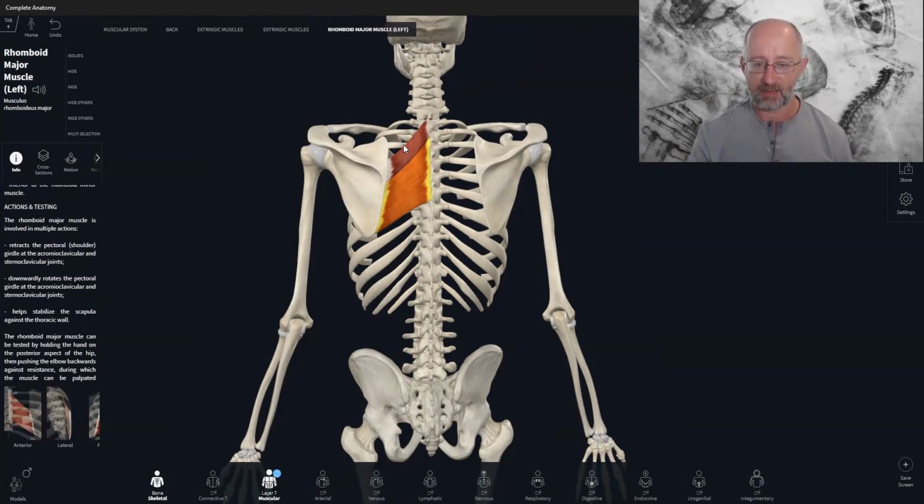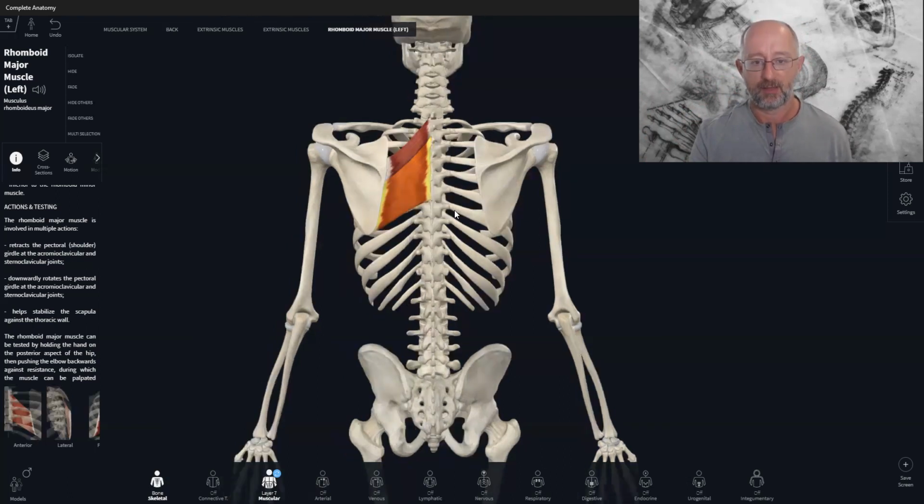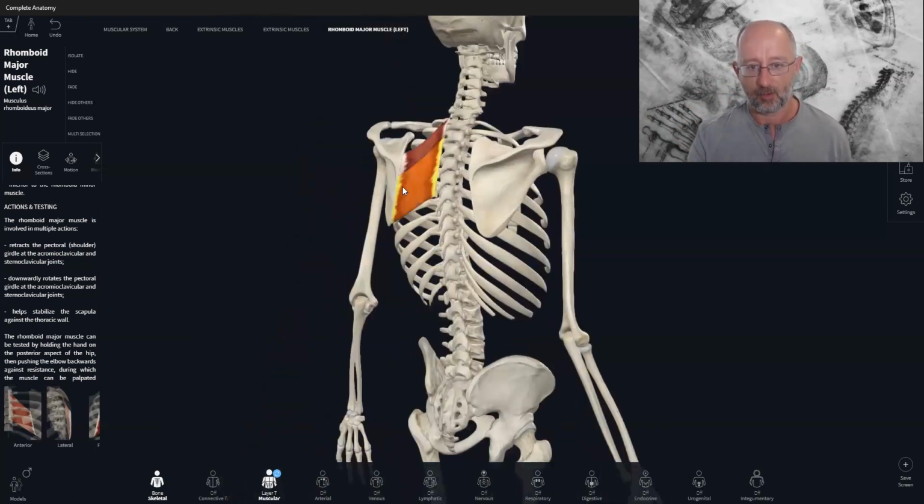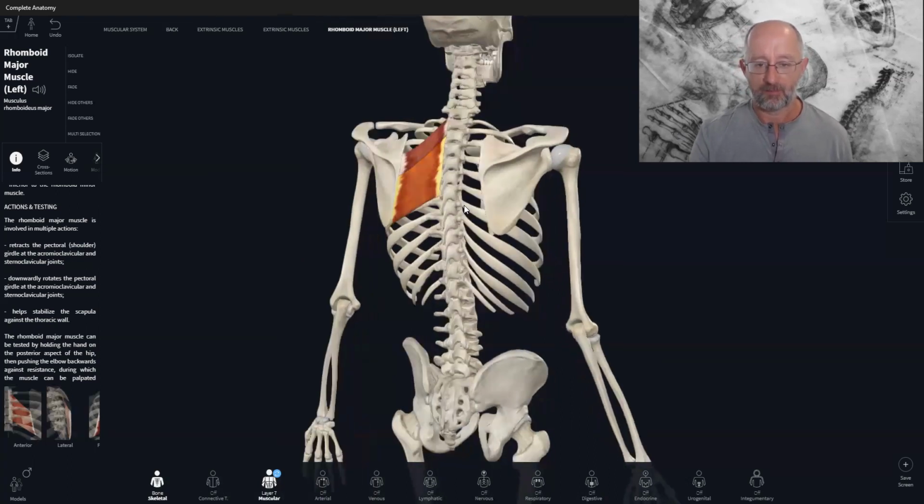So when you're doing things like overhead pressing, push-ups, pulls, dips, the shoulder blade itself, the scapula, is kept nice and snug on the rib cage, so we don't get what's called rib flaring or winging of the scapula, where the bottom part of the scapula starts to float off the rib cage. That would mean they're not sitting nice and snug on the ribs, and these muscles are getting stretched and lengthened in a weak position.